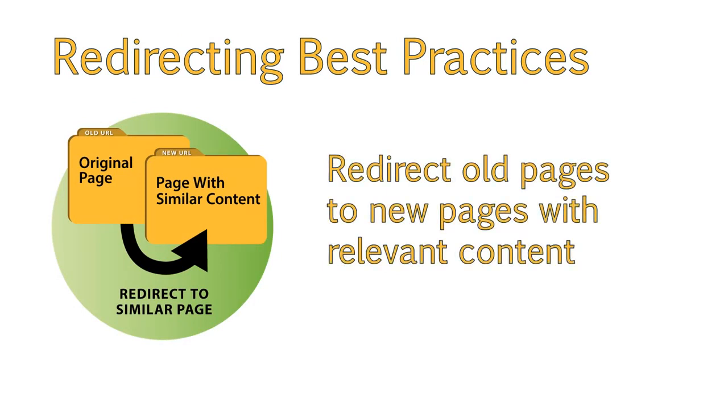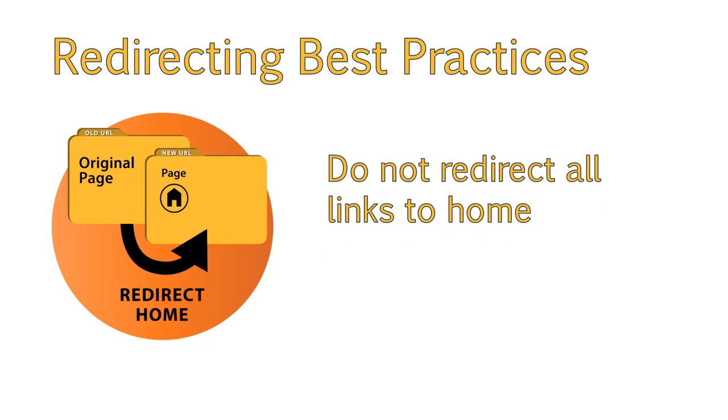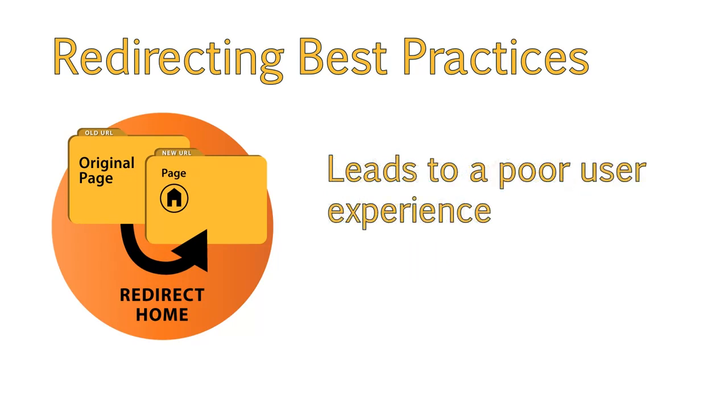When redirecting older pages to new pages, it's a good idea to redirect the old page to a page that best matches the previous content and theme of the old page. Many people tend to simply redirect all old pages to their homepage. This is not semantically relevant from a search engine perspective. Additionally, this leads to a poor user experience, as the user expected to land on a page about a certain topic, but was instead sent to the homepage without any hints at what to do next.